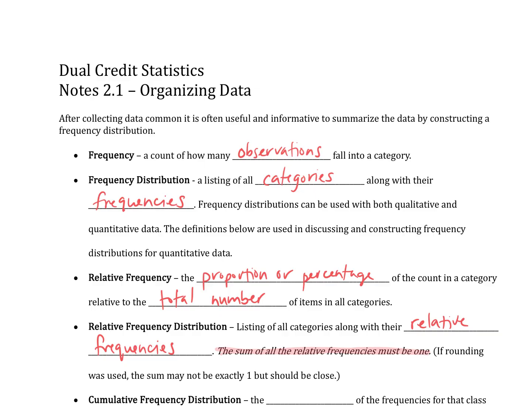Now, when you are adding them up, because of rounding, sometimes you're going to get 0.999 or 1.01. That is okay because that's a rounding thing. So just know that if you add them up and you get 0.99 or 1.001, that's the same thing as 1. Okay? It's not a big deal, guys.